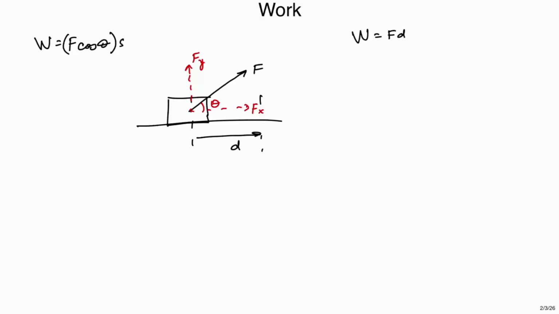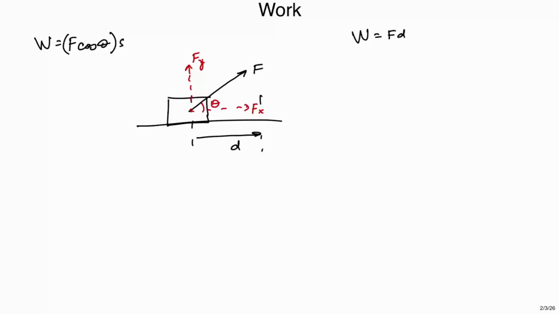The idea that I would prefer that you have lodged in your head is you take the component of force that is parallel to the distance. So if you have a force being applied, but the object's going a different direction, just find the component of force that points in the same direction, you're done. And that could be sine or cosine depending on how you set up your diagram.